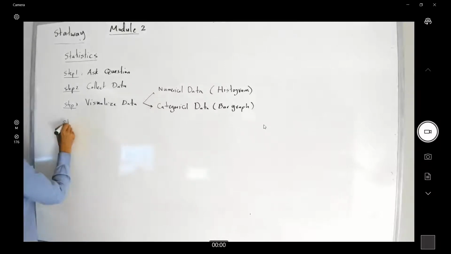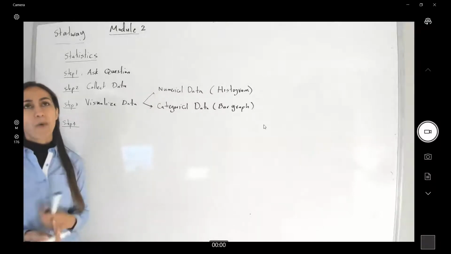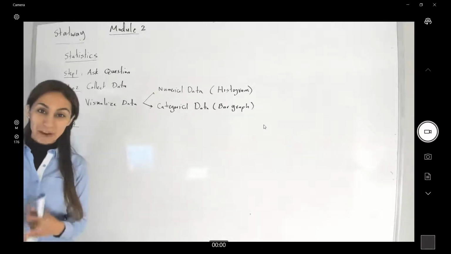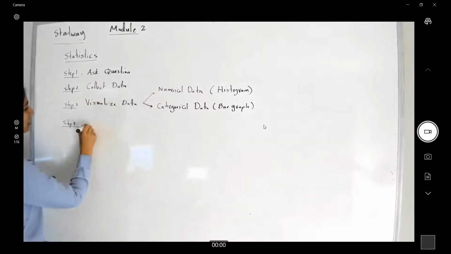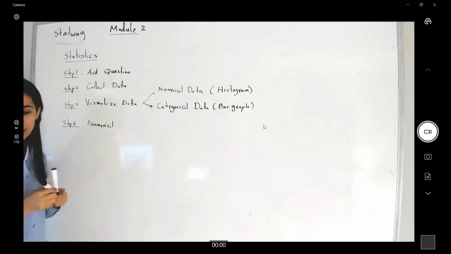So in step 4, we want to know what the measure of center is and what the measure of variability is. Numerical characteristics, or analyzing the data.